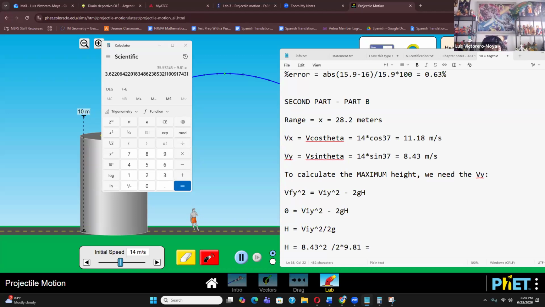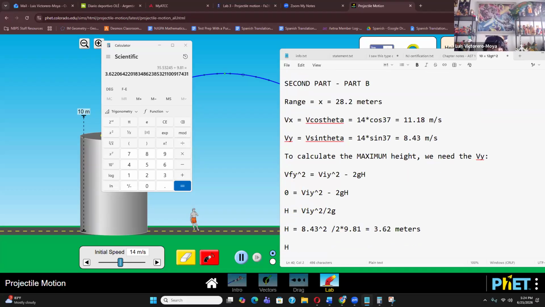So 3.62 meters. But the maximum height, H max, is the 10 meters plus 3.62. That's 13.62 meters. That's the maximum height.